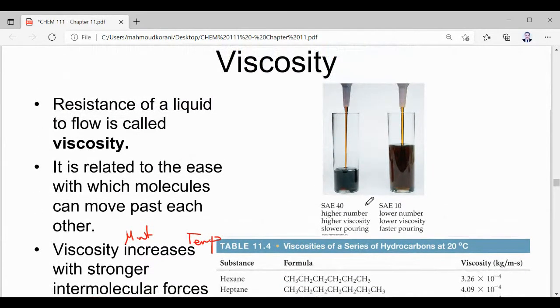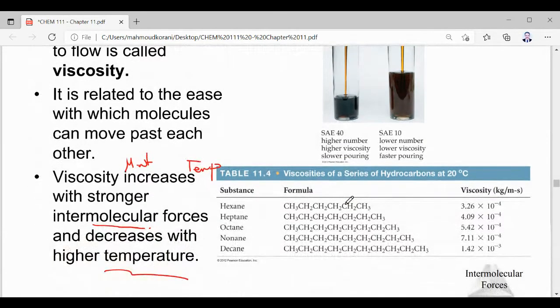If you look at that one, a lower value means lower viscosity, and a higher value means higher viscosity. I don't think this kind of thing is important, but just for your information. So viscosity depends on two main factors: intermolecular forces, which are of 4 types, and temperature. If you look at non-polar chains like hexane, heptane, octane, nonane, decane, you see these are non-polar compounds, and the molecular weight increases in this direction.